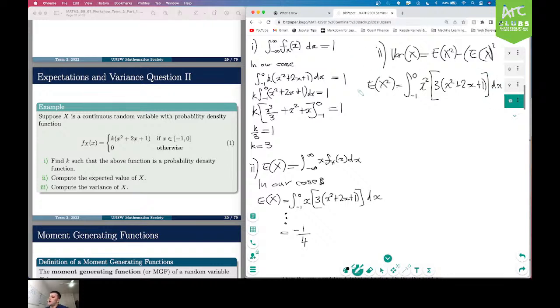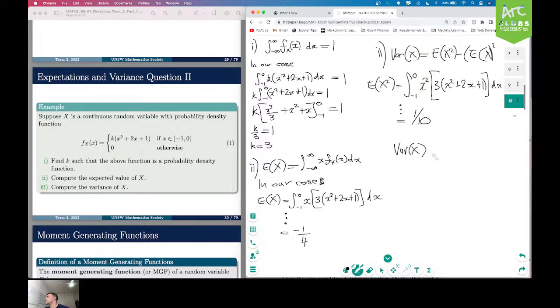Cool. And what you're going to see here is that if you do compute this integral, it's quite a laborious calculation, not particularly hard, but it just takes a while. And what we're going to see here is that you get 1/10. Okay? And because of this, we have everything that we need.